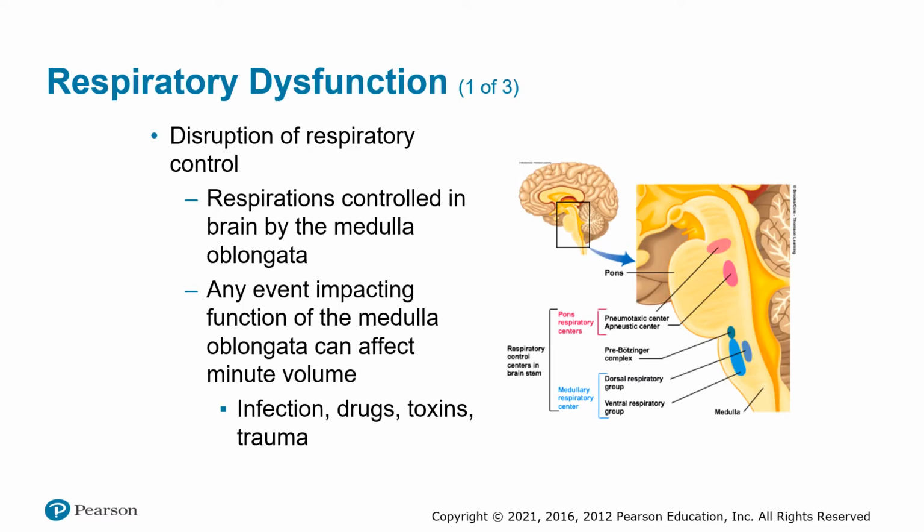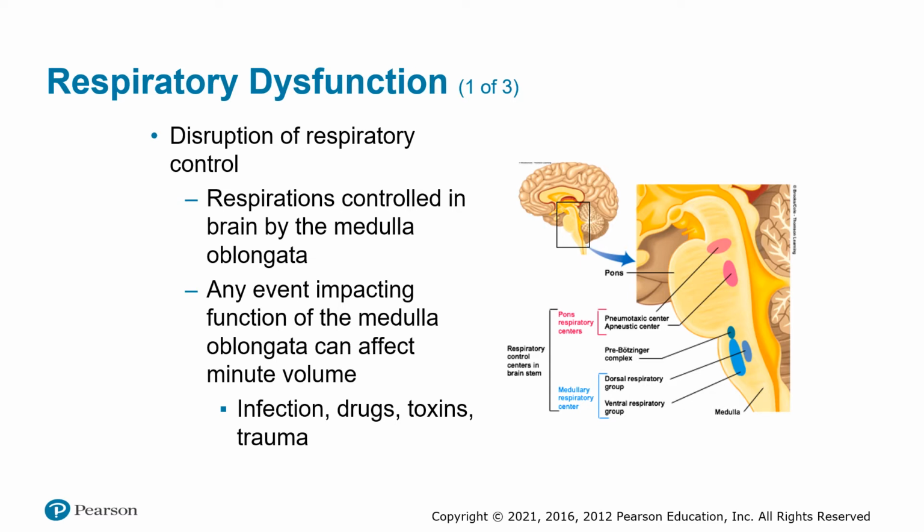So there are a couple different types of respiratory dysfunction. We can have a disruption of respiratory control. Respirations are controlled by the medulla oblongata. So if you have a head injury, your respirations are going to be different, and it's going to cause a disruption.